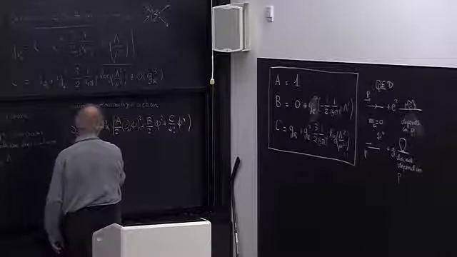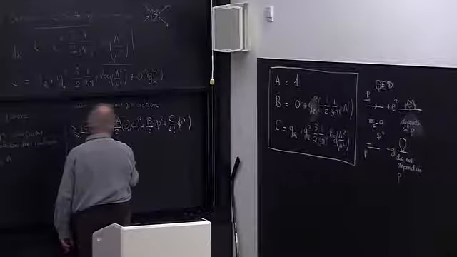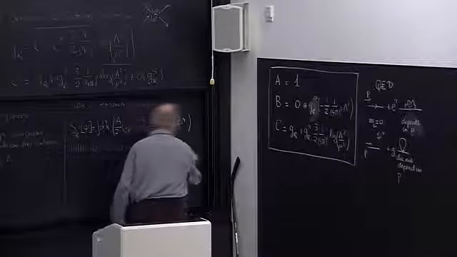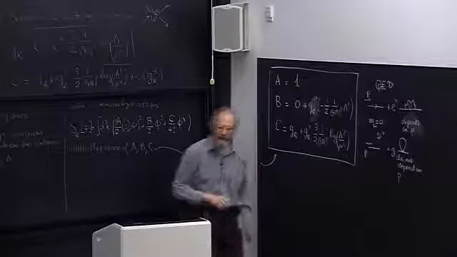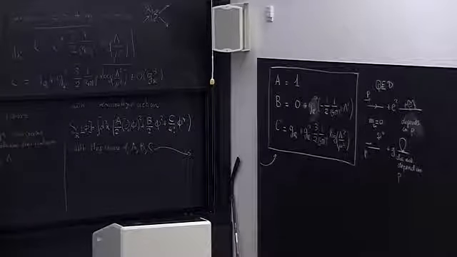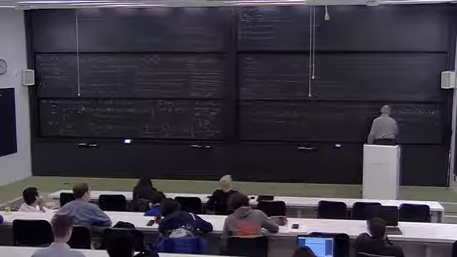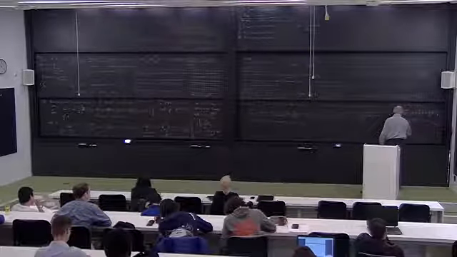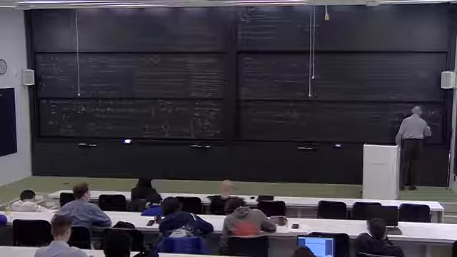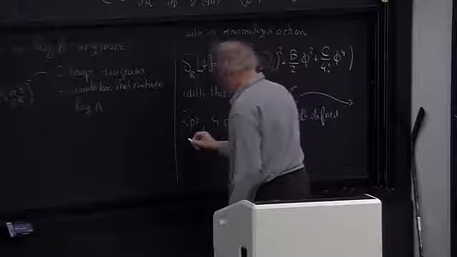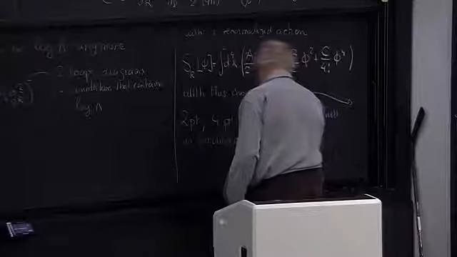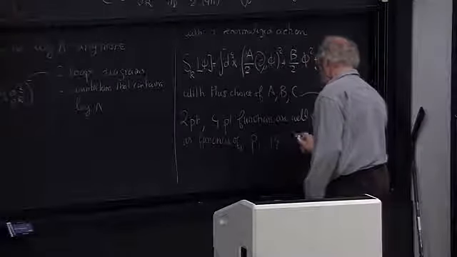with this choice of A, B, and C, which is written here, the 2-point and the 4-point functions are well defined as functions of the momenta P1, P2, etc., and GR.